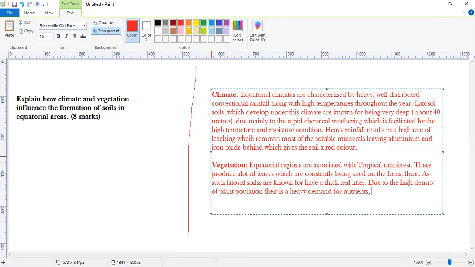This contributes to the soil having a low humus content. All right. So we've stated two characteristics of the soil. One is that it has a thick leaf litter, and secondly, it has low humus content. And we have shown how the vegetation of the area contributes to those two characteristics of the soil.